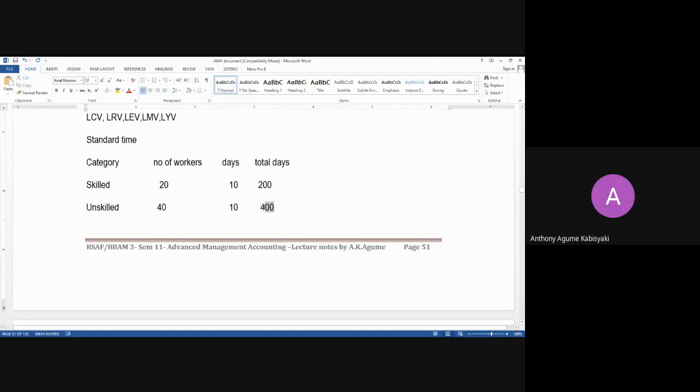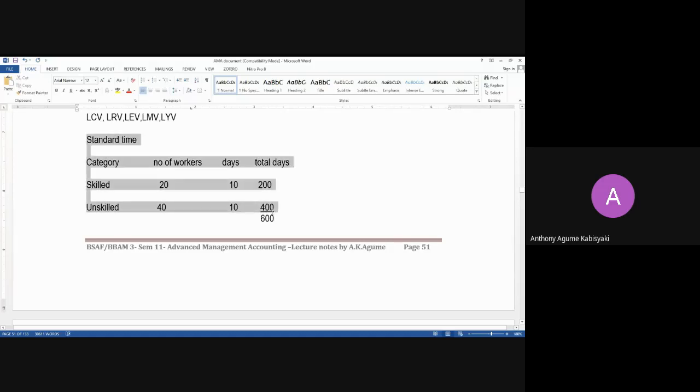So when you add these two, what is the total? 600. Okay, so that is the standard time.